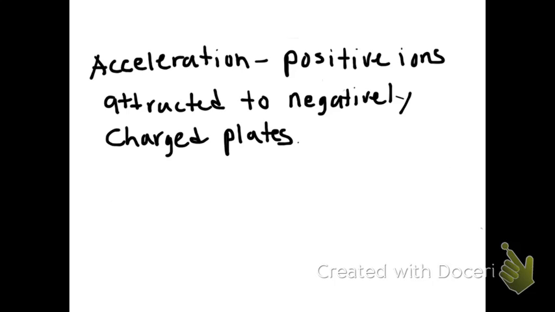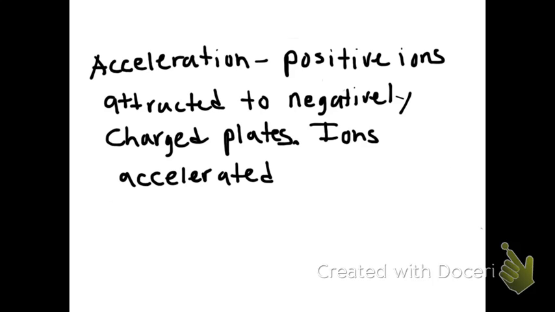This attraction, then, these positive ions that are attracted to these negatively charged plates are going to cause these ions to accelerate. So ions accelerate, or ions accelerated by an electric field then.